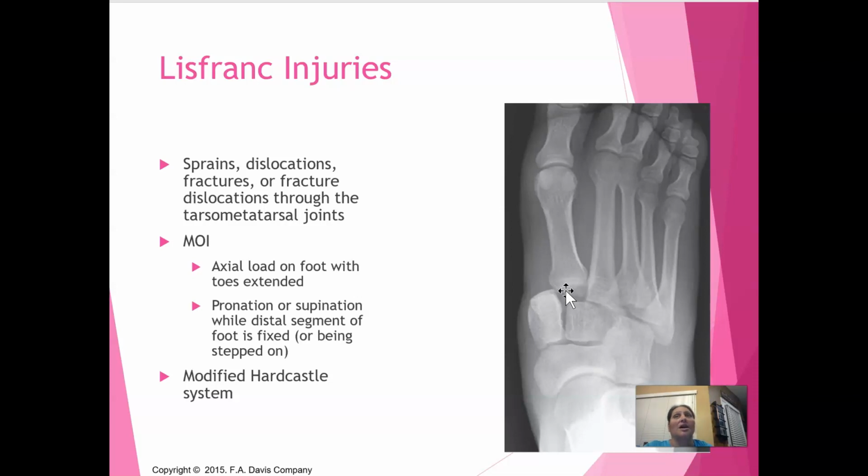So a lot of times dancers, ballet, when they're up on pointe, it's amazing strength, but often they will end up with issues with this. In order to fix and rectify this, there's some type of modified Hardcastle system that you guys will learn more about at the 4-year level.